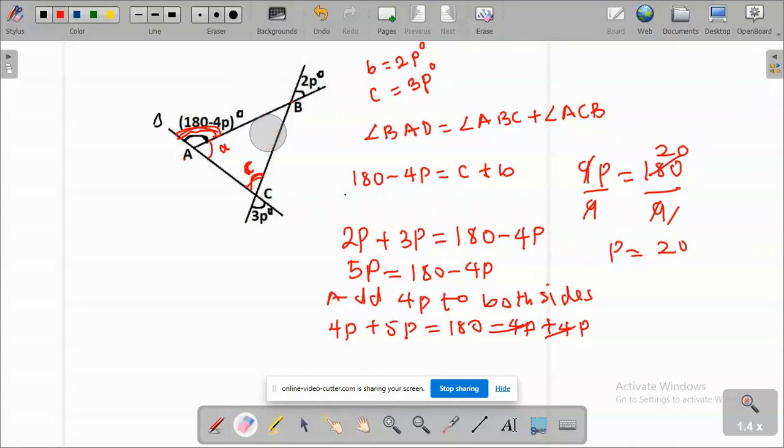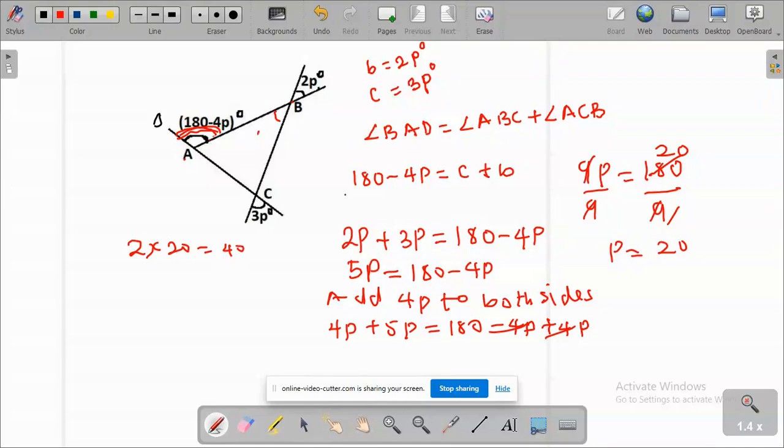Now, since we know the value of p, we can definitely now find all the interior angles. So that's the second question, that we should find the interior angles of the triangle. We already said that this place is 2p. So 2 times 20, since p is known to be 20, that will give 40.